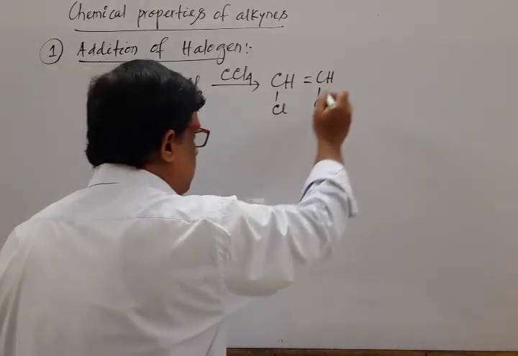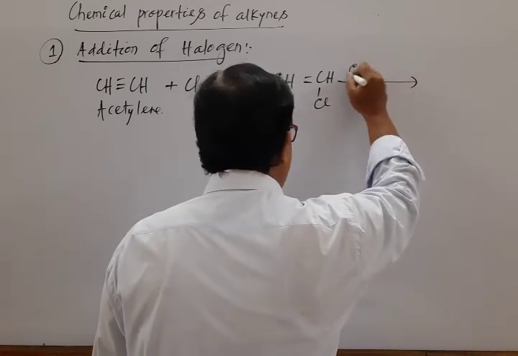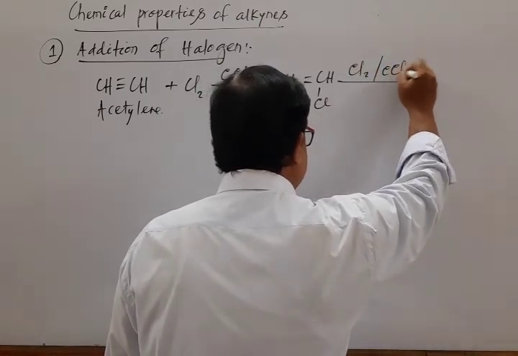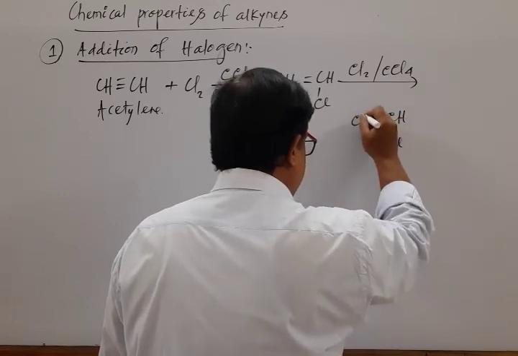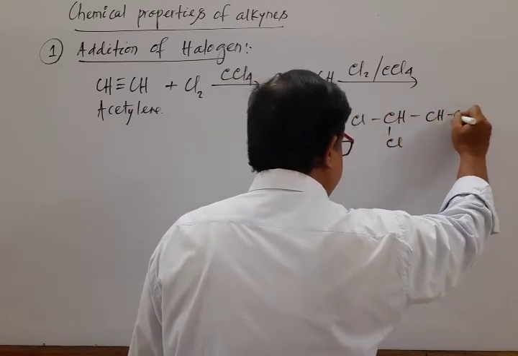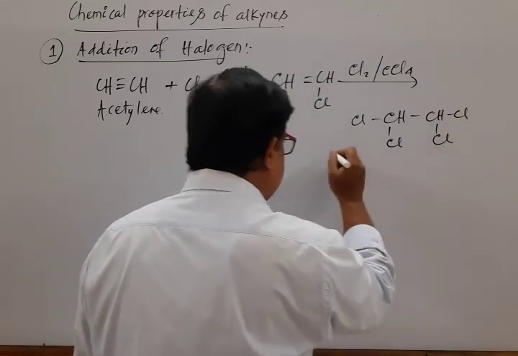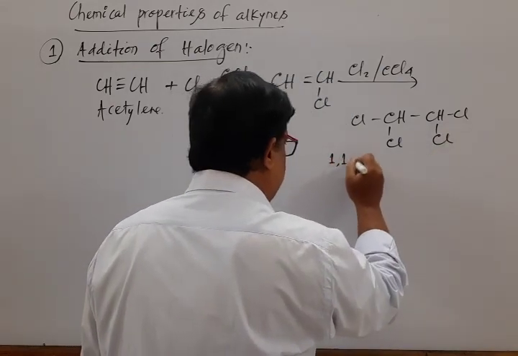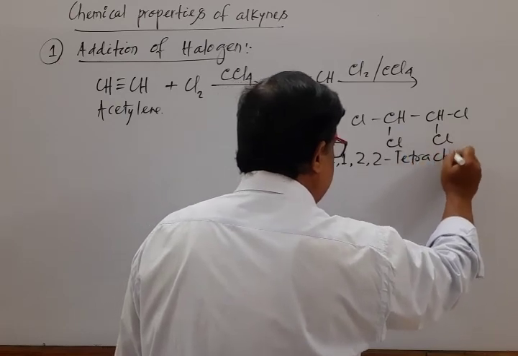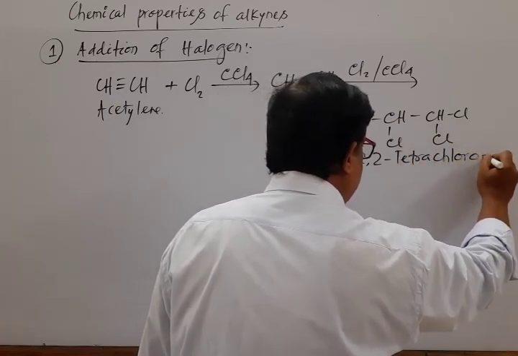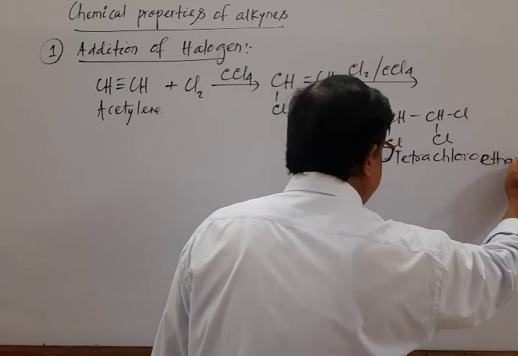Again, if this process is going on, meaning we add chlorine in presence of CCl4, tetrahaloalkane is formed, that is 1,1,2,2-tetrachloroethane.